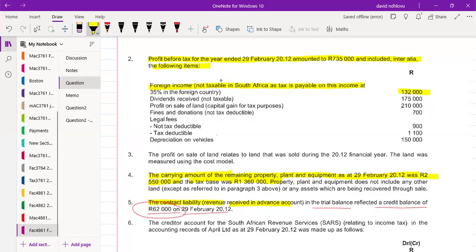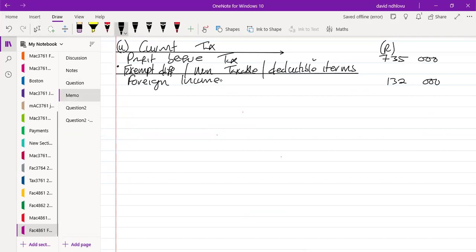Right, dividend received, the amount is 175. That's an exempt difference. Now let us remember, these items are income, and income, we have to reverse it from our profit figure.